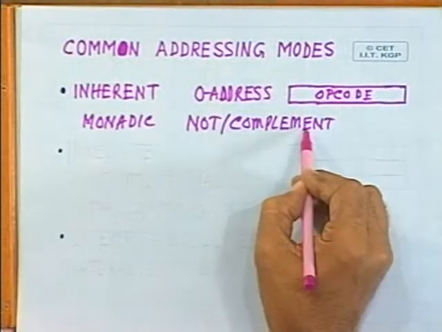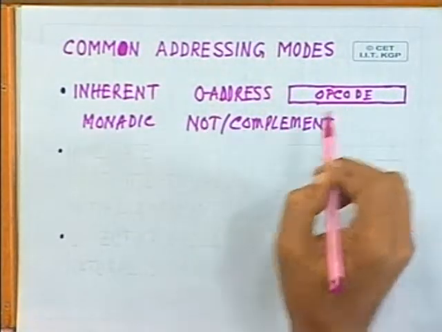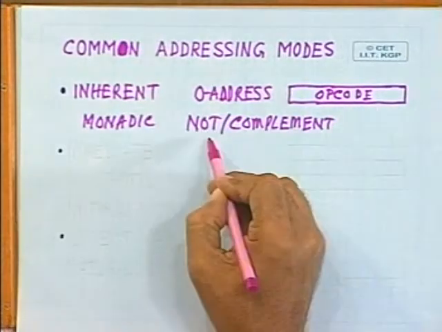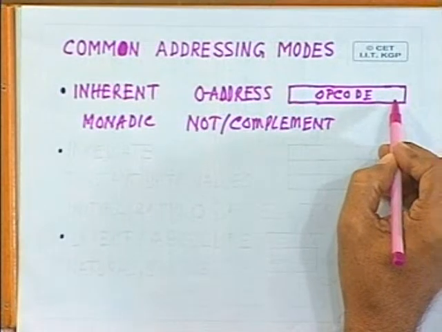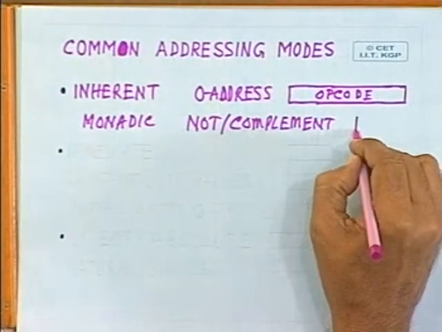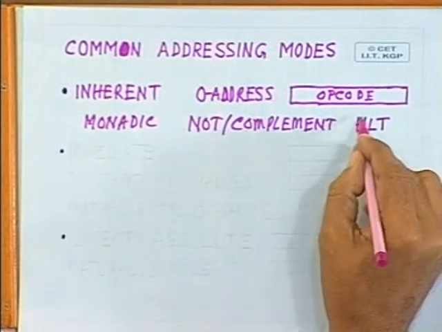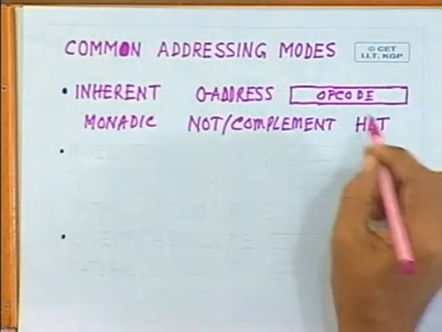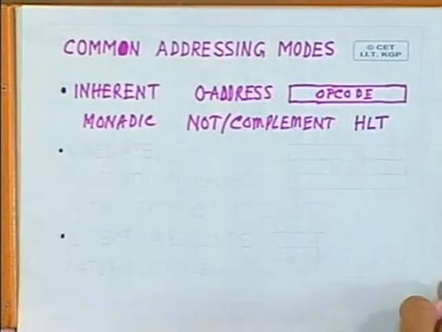So in this particular case, the operand will be taken from the accumulator and the result will be stored in the accumulator. For this instruction just the opcode is provided. Another example is halt. It does not require any operand to be fetched. So just the opcode is sufficient. These are examples of inherent addressing modes.